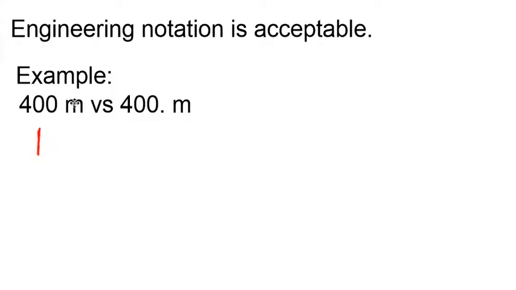Whereas with 400 and then the decimal, the decimal means the two zeros preceding it are significant. So we have 3 significant figures here.